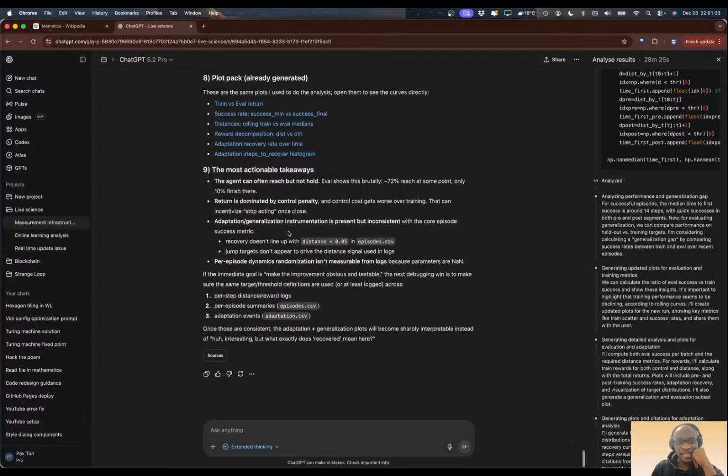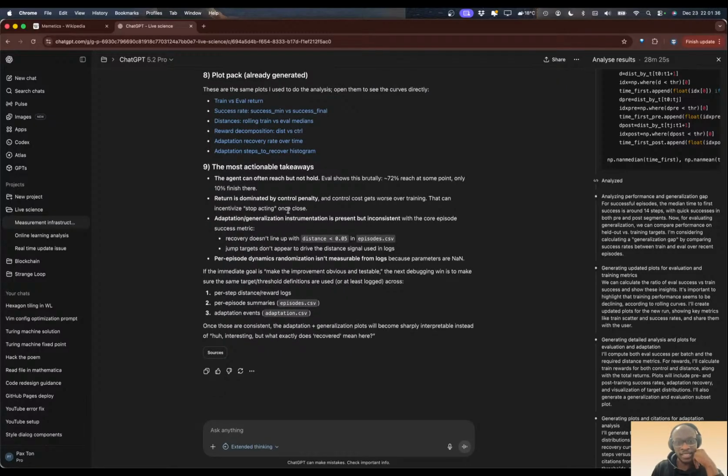Then return is dominated by control penalty, and control cost gets worse over training, which can incentivize stop acting once close. Then adaptation, stroke, generalization instrumentation is present but inconsistent with the core episode success metric.